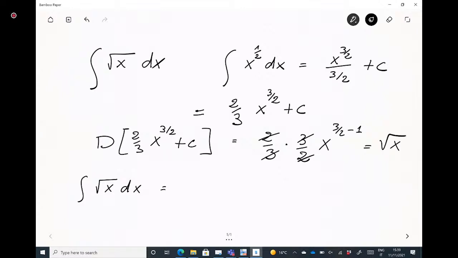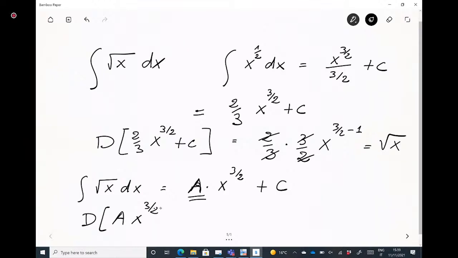So there is some constant a times x to the power of 3/2 plus c. Now what is a? Compute the derivative. This is equal to a times 3/2 times the square root of x, which is x to the power of 1/2.